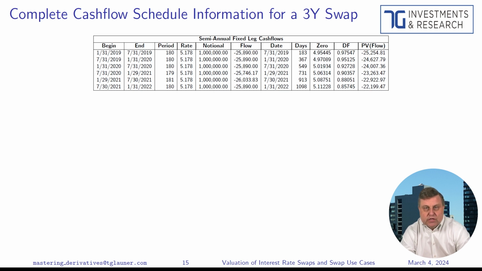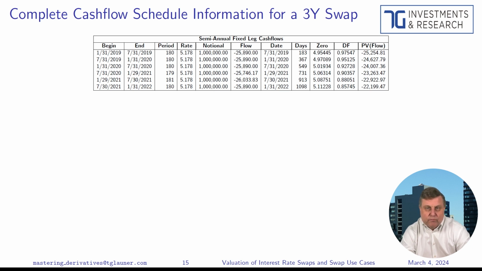To determine this number of days, you need to follow the basis convention discussed in an earlier lecture. The calculation for cash flow involves multiplying the rate by the number of days and dividing by the basis before applying it to the notional amount. Essentially, rate times days over basis times notional.